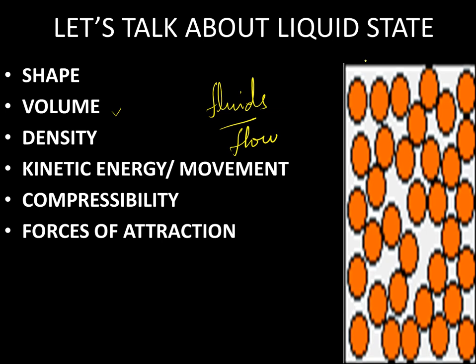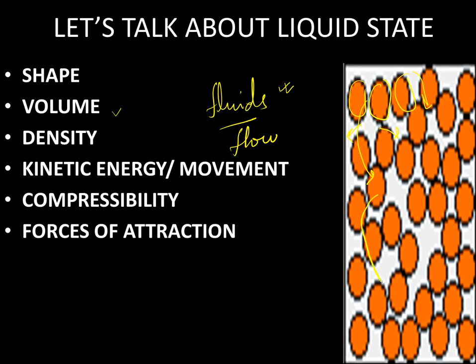You see, the particles are relatively closer, but they are not fixed in the form of layers. They can move here and there, and they can slide over one another. That's why liquids have fluidity, and they can move freely throughout the liquid. So the particles on the top can go here, the particles in the middle can go here.